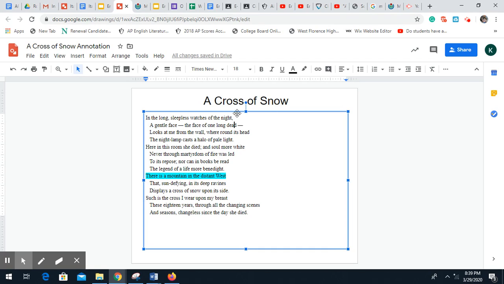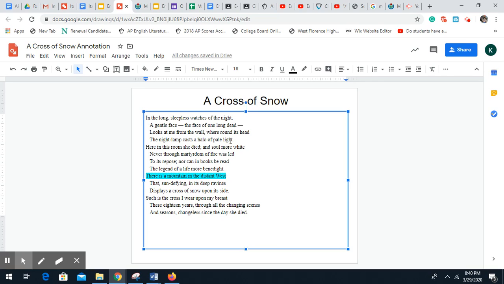In the long sleepless watches of the night, what's happening? What is he doing? And invariably someone would say, sleepless watches, he can't sleep. Okay, and we can all relate to not being able to sleep. And then he says, a gentle face, the face of one long dead, looks at me from the wall.